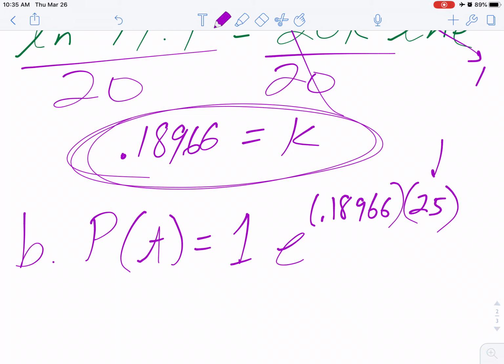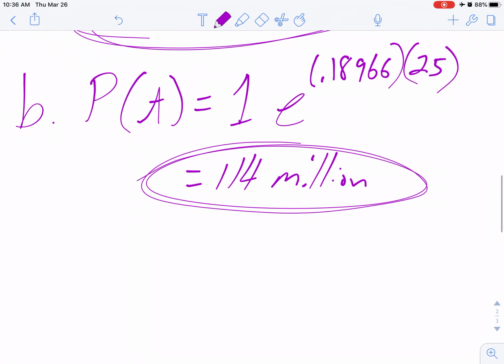This 25 came from 2019 minus 1994. So you just got to plug that into your calculator. 0.18966 times 25. The answer for that is about $114 million. That's assuming it keeps growing at that same pace.